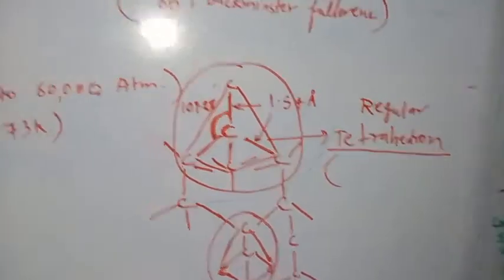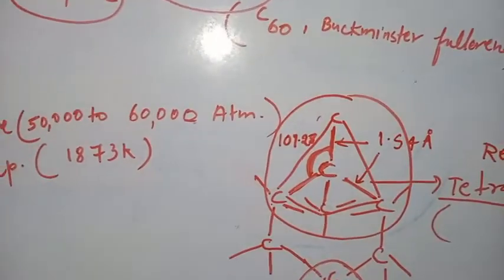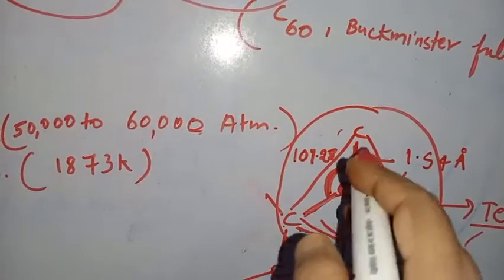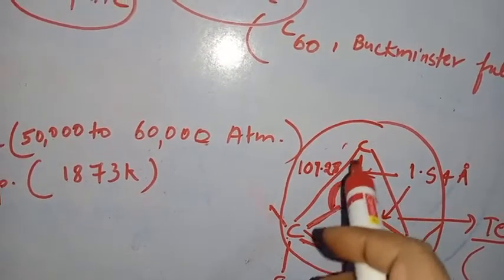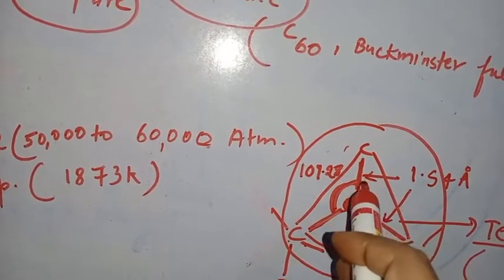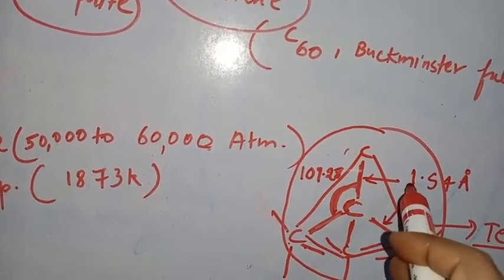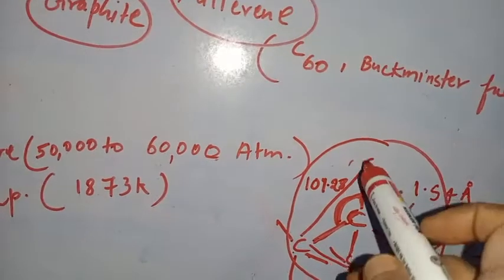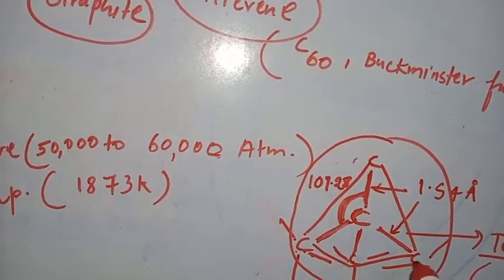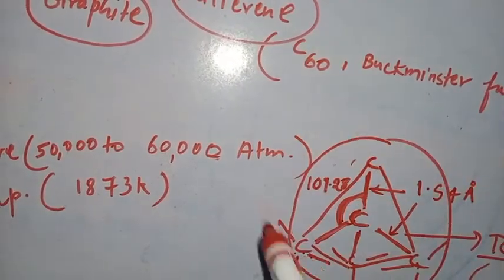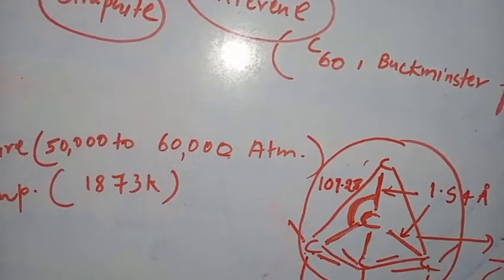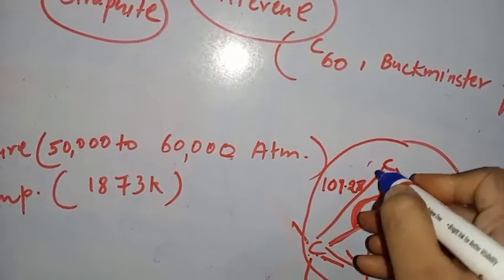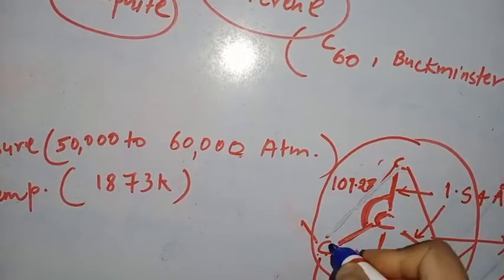So I'll repeat, each carbon is attached to 4 other carbon atoms by single covalent bond, having bond length 1.54 angstrom. Now surrounding carbon atoms are at the corners, giving the structure a regular tetrahedron, like this.